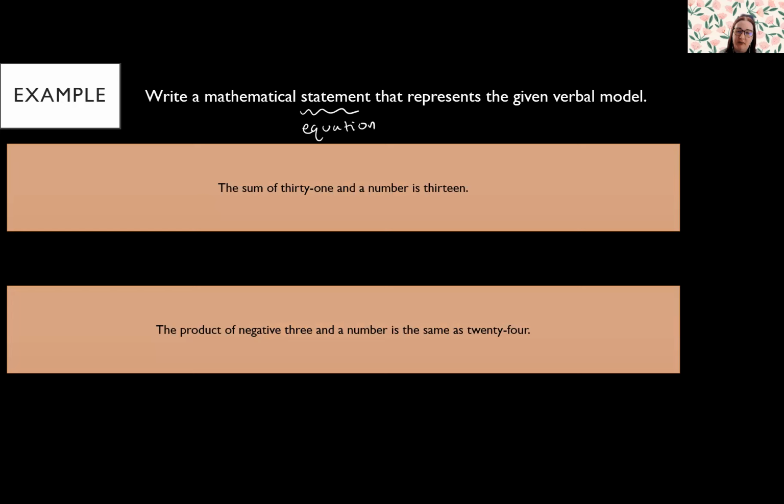So we have the sum of 31 and a number is 13. So we're going to translate the same way we've been doing. We've got the word sum, and you put the sum where the word and is. So I put the plus sign, sum means plus, I'm putting that where the and.